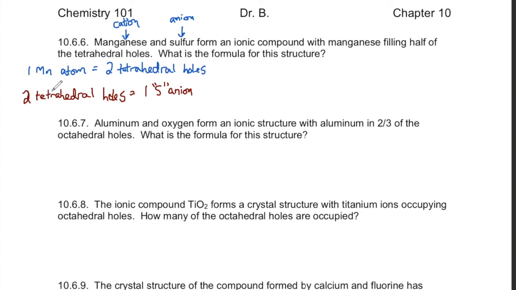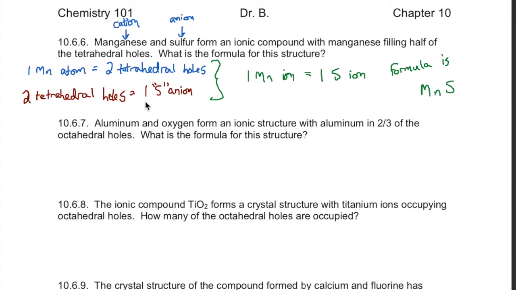So if these 2 statements are both true, that we have 1 manganese for every 2 tetrahedral holes, and we have 1 sulfur for every 2 tetrahedral holes, this means that we have 1 manganese ion for every 1 sulfur ion. And so the formula would be MnS. So this would be a manganese(II) sulfide structure.